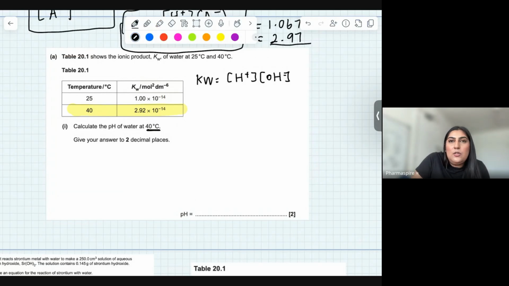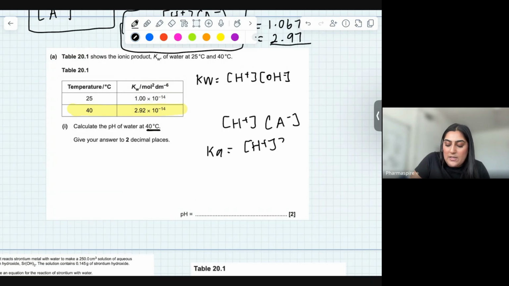Another way, the reason with Kw, you can manipulate the equation because the concentration of your H plus and OH minus can be the same, so they cancel out. You know the way that we also presume in the Ka equation that the concentration of H plus and the concentration of A minus are equal to each other, and therefore we get Ka equals H plus squared over HA. Is everyone happy with how that cancelled?